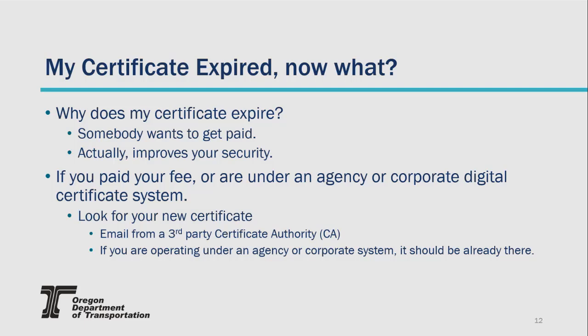So if you've paid your fee or you're under an agency or corporate digital certificate system, your certificate's expired, look for your new certificate. You should already have one. If you don't, contact whoever supports it. If you got it from a third-party certificate authority and you paid your fee, you probably have an email someplace waiting for you to pull your new certificate.